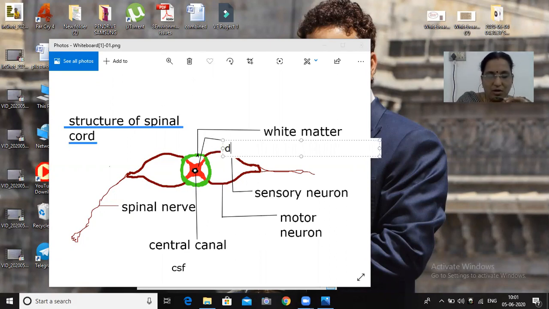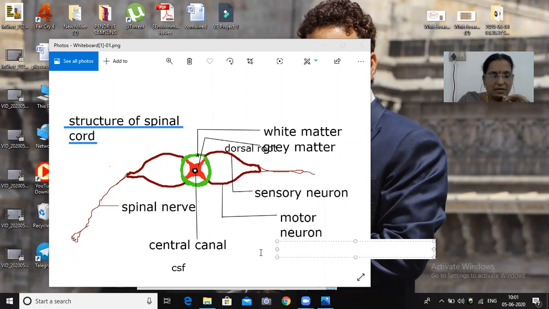So dorsal root is made up of sensory neuron, while the ventral root, here we can see the ventral root, is made up of motor neuron.